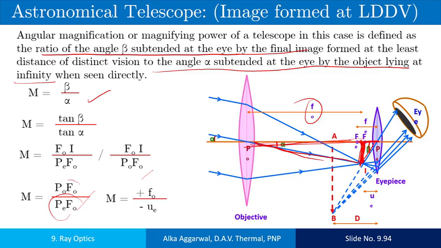P_E f naught, this distance, is equal to UE. As it is lying on the left hand side of the eyepiece, there is a negative sign.